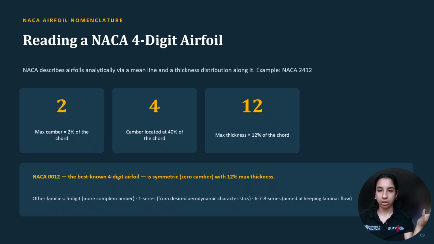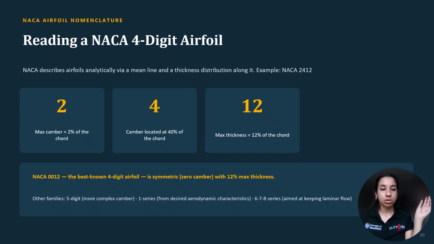What does 2412 mean? The 2 is the maximum camber, 2% of the chord. The 4 means the camber is located at 40% of the chord. And 12 is the maximum thickness, 12% of the chord. They're all percentages. That's why it's very important to know the length of the chord, because it's used to describe the airfoil properly.